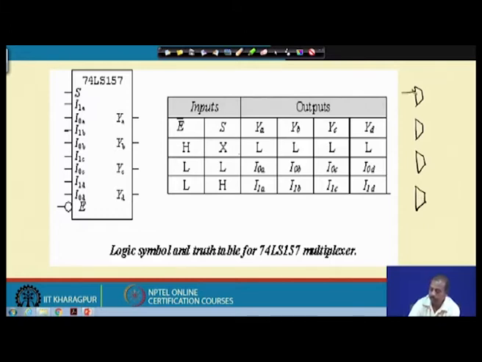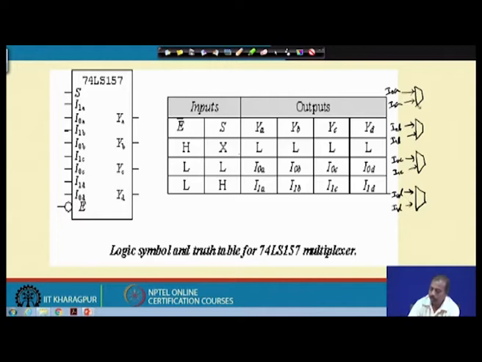The first multiplexer has got I0A and I1A. The second multiplexer has got I0B and I1B. The third multiplexer has got I0C and I1C, and the fourth multiplexer has got I0D and I1D.